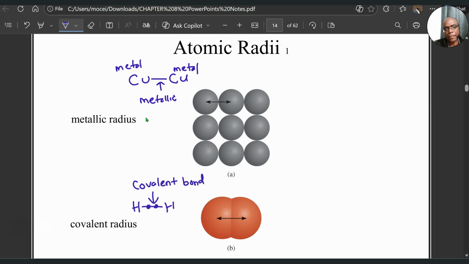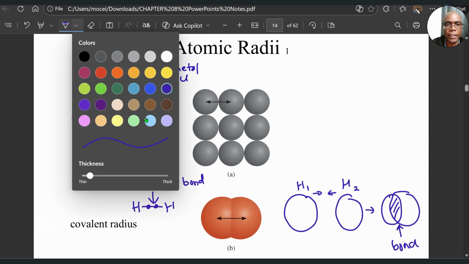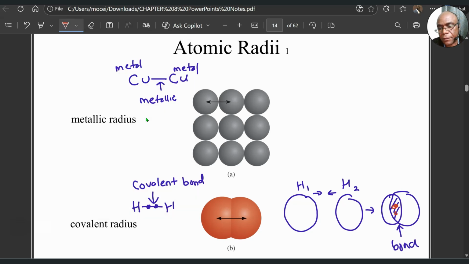We talked about this in earlier chapters. If you bring hydrogen 1 very close to hydrogen 2, there's going to be an overlap. That's where we're making a bond, and that is where electrons reside, which are shared to make the covalent bond.